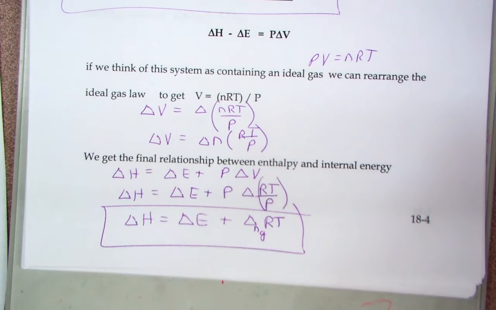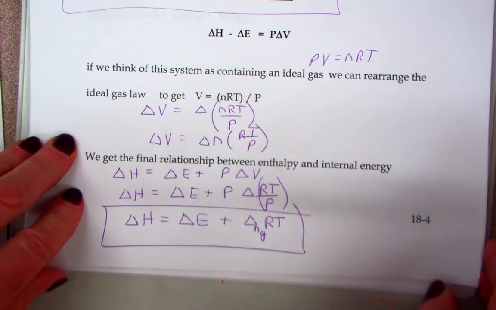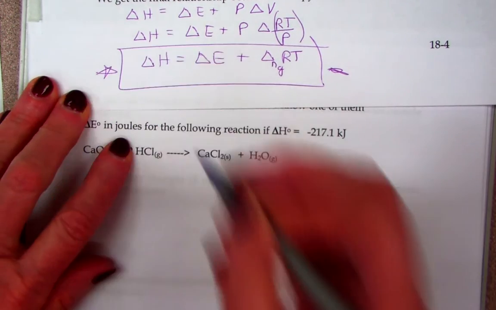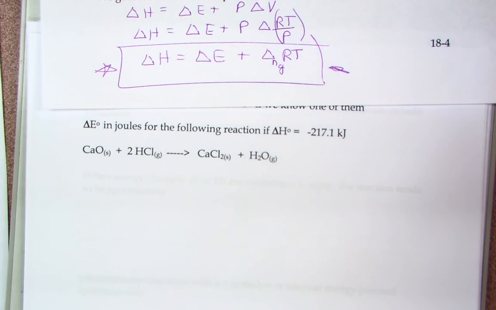And this is the final relationship between enthalpy, delta H, and internal energy, delta E. So, this is an equation that you will have to know. Put this on your list that you keep at the front of your notes with a list of equations.